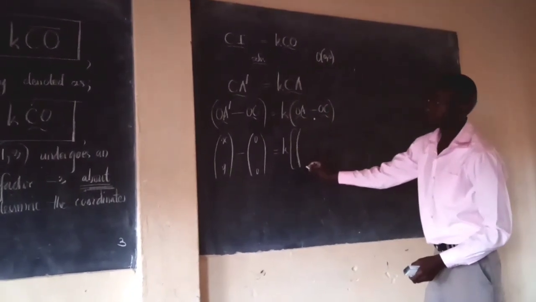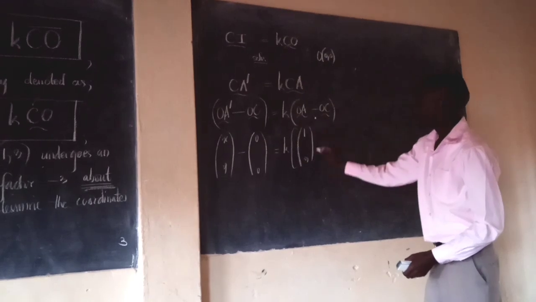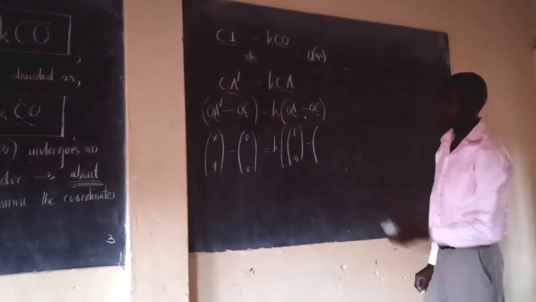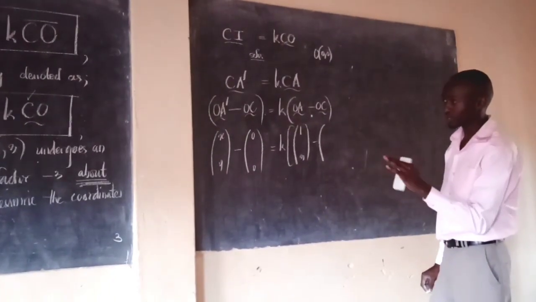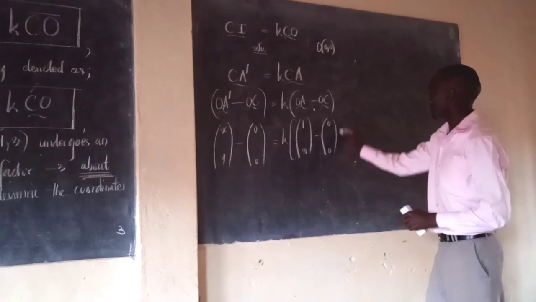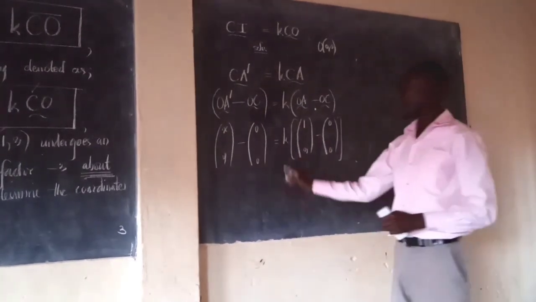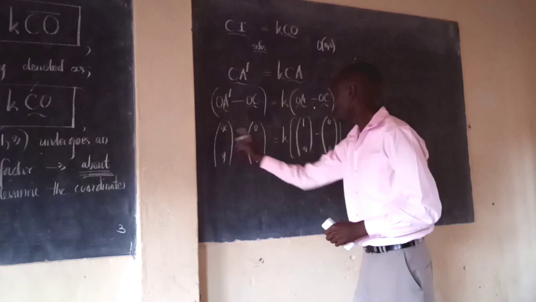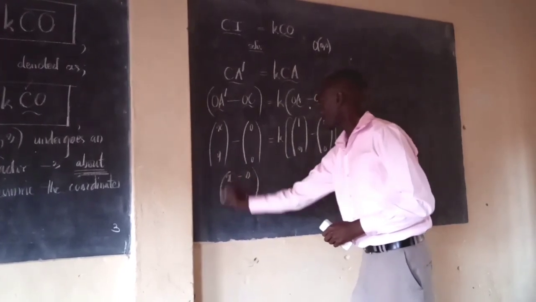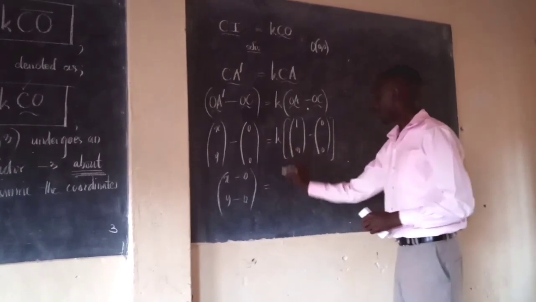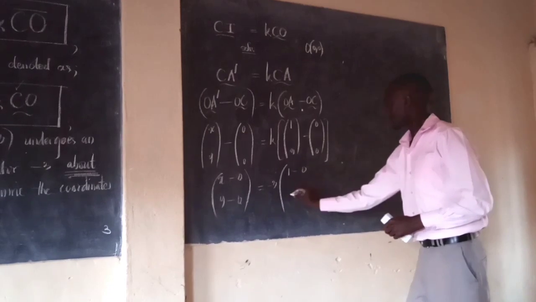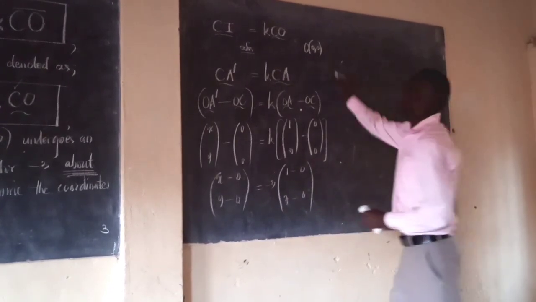OA is (1, 3) minus OC, which is our center, about the origin. In the question, it's a keyword used, not the center, but about implies it's the center, (0, 0). So our K was given as negative 3. On the next step, we can substitute x minus 0, y minus 0, like terms. Our K is negative 3 into (1 minus 0) and (3 minus 0).